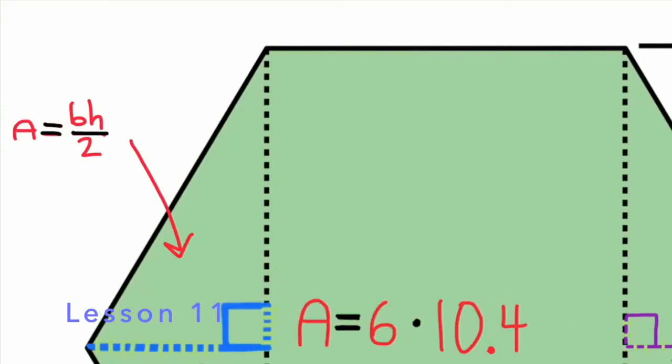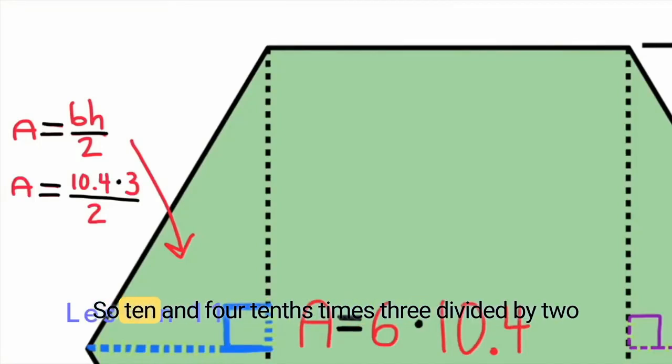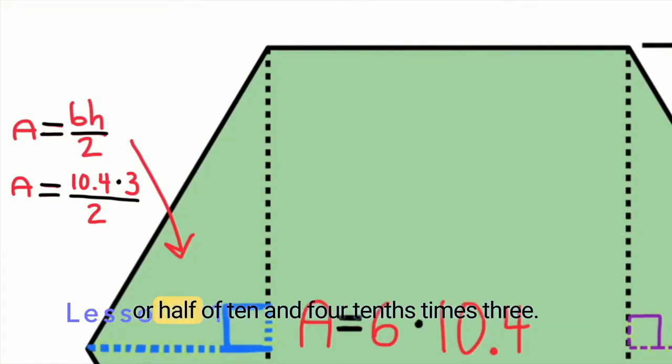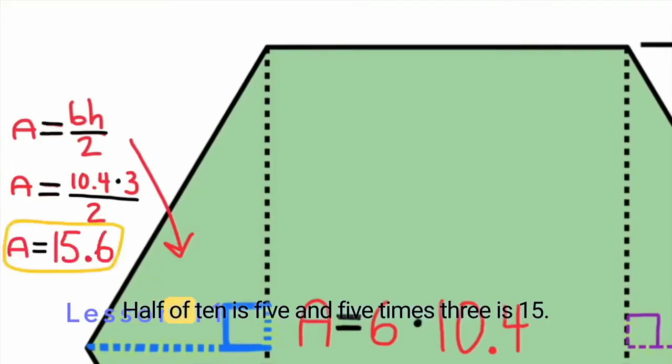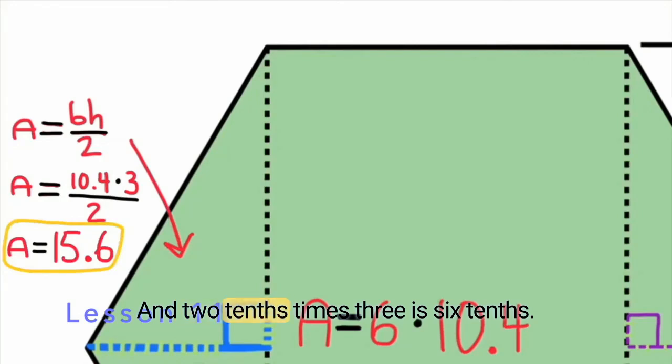To find the area of the triangles, we would multiply base times height divided by 2, or half of base times height. The base is 10 and 4/10 inches, and the height is 3 inches. So half of 10 and 4/10 times 3. Half of 10 is 5, and 5 times 3 is 15. Half of 4/10 is 2/10, and 2/10 times 3 is 6/10.